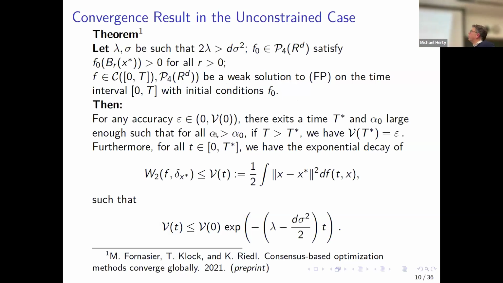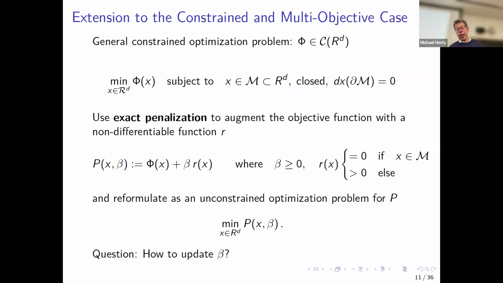The only thing you don't know is the alpha. For the other parameters, you at least know the ratio. And of course, this is a condition which you cannot check a priori. But it is a convergence proof for the particle method in the case of many particles.